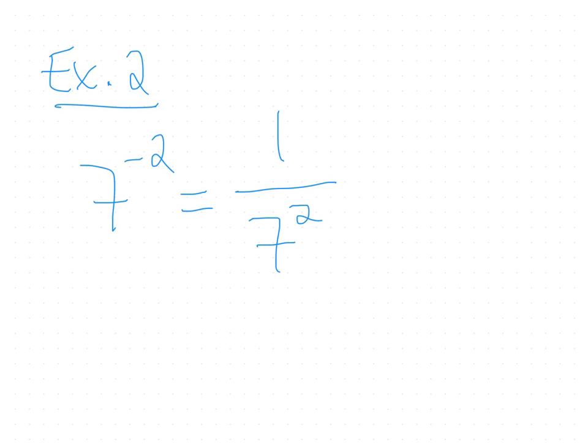So it's positive in the denominator or negative in the numerator. Or if we take a fraction with a power in the denominator, we can write it as a numerator, but it would have to be a negative exponent because we're removing it from the denominator, bringing it up to the numerator where it doesn't exist. So think of that negative 2 as saying it does not exist in the numerator.